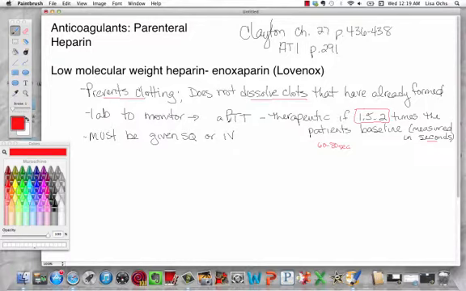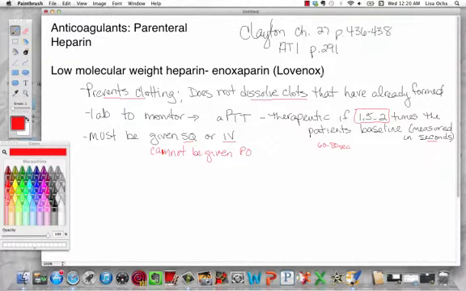Now, interestingly, with heparin, it must be given either subcutaneously or IV. It cannot be given PO. It gets inactivated in the digestive system, so it cannot be given PO. It has to be given either sub-Q or IV.